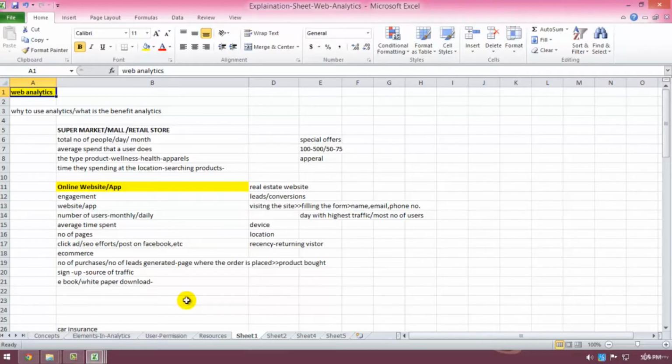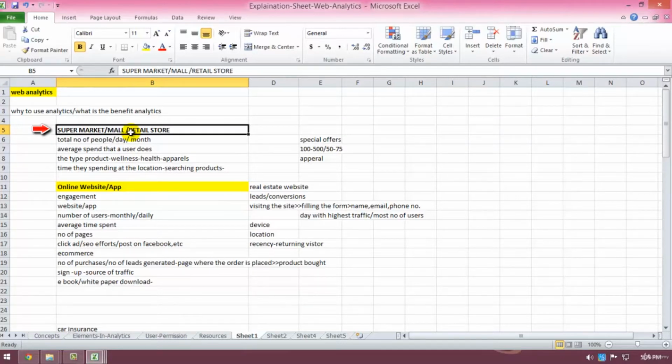In any business, online or offline, analysis of data is one of the most important and integral requirements so the business can run smoothly and function with good profits. To take you through an example, here I have considered a supermarket or a big retail store or a mall.